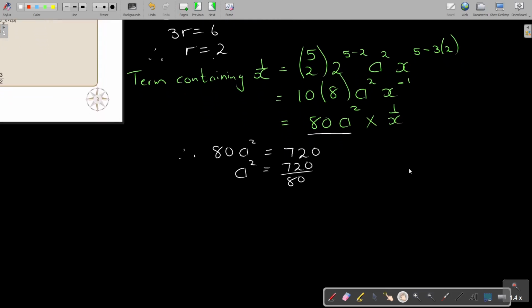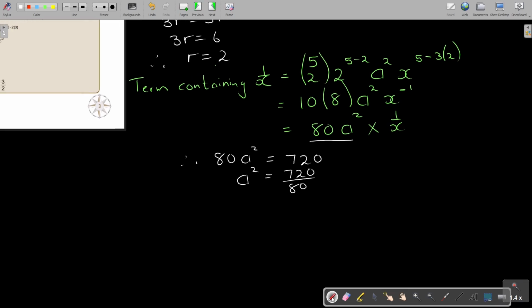Okay, so a squared equals, and if I simplify that, I'm going to get 9. So a equals plus minus the square root of 9. So therefore a is equal to plus minus 3. Okay, that is my first part.